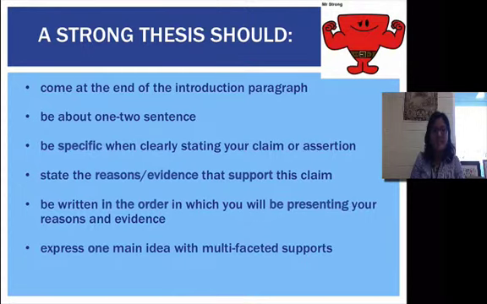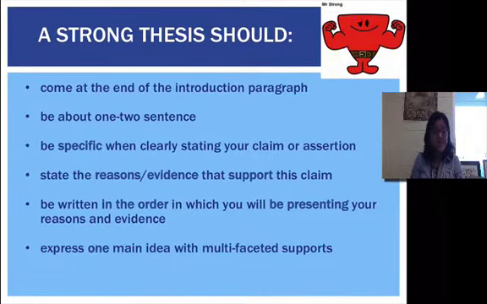So a strong thesis should come at the end of the introduction paragraph. Typically you'll do a funnel introduction, you'll tell us your topic, you narrow the scope of the topic, and then you'll present your argument in about 1 or 2 sentences. A strong thesis should be specific when clearly stating your claim or assertion.